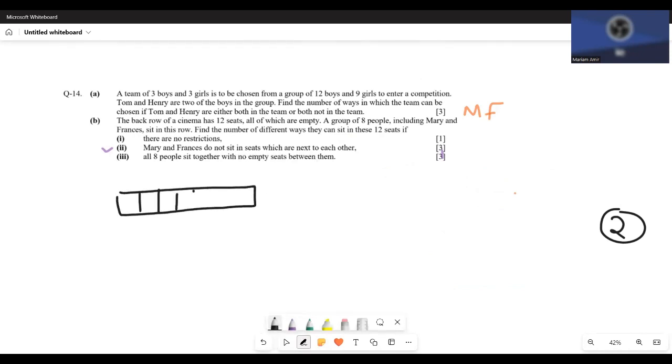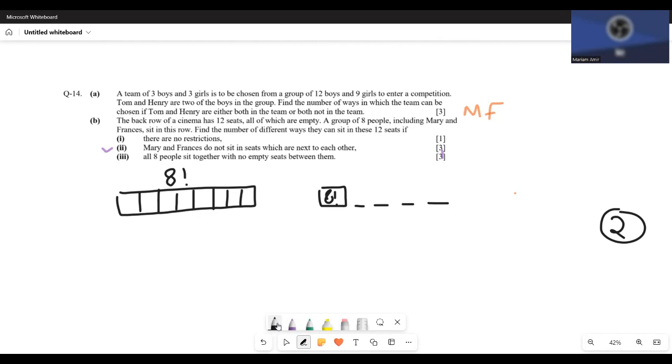1, 2, 3, 4, 5, 6, 7, 8. So the 8 people are grouped together. That's 8 factorial. Now we're going to consider this as one person. So this is one group, and then 4 more seats, 1, 2, 3, 4.